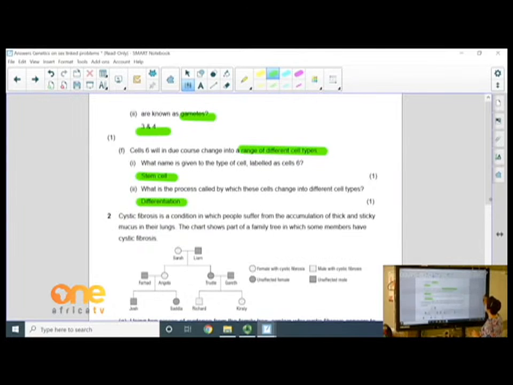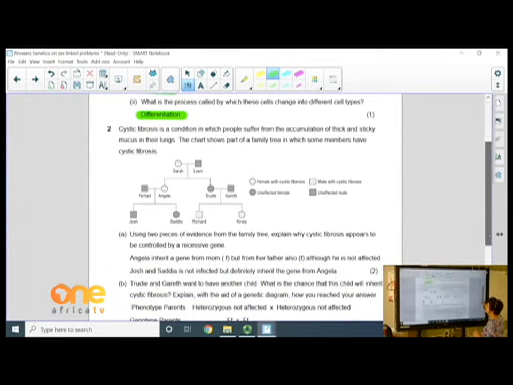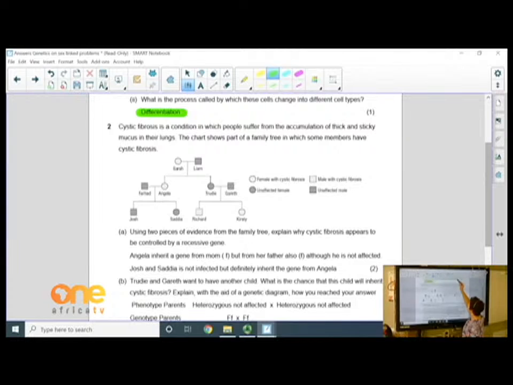Cystic fibrosis is a condition in which people suffer from the accumulation of thick and sticky mucus in their lungs.